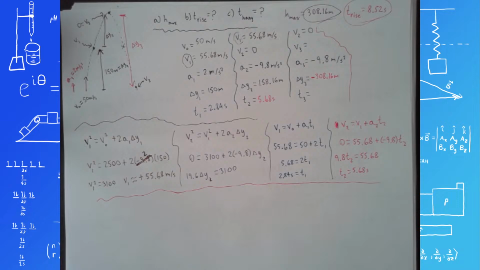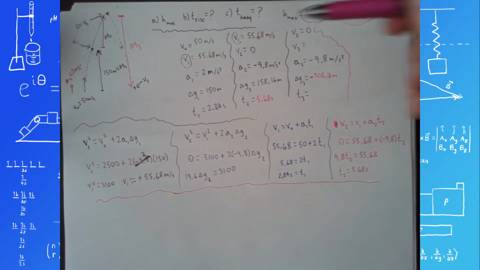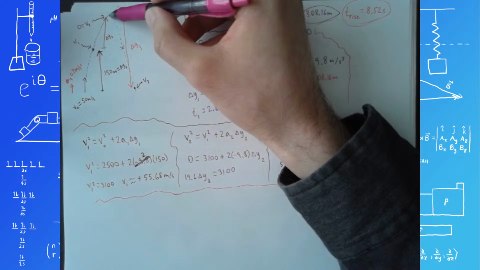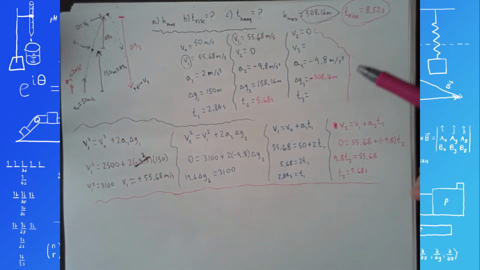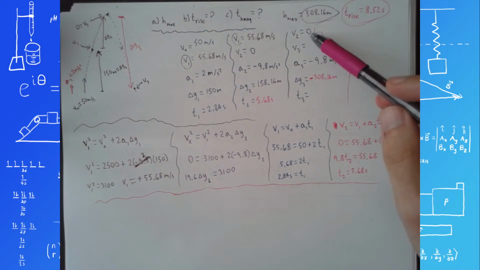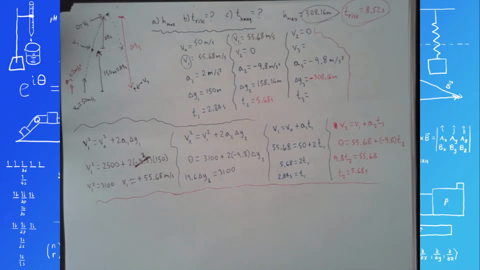Well, not this time, because the second reason that splitting the phases of motion at the top over here is a good idea is because it gives you an initial velocity of 0 for one of your phases. And what that does for us is it simplifies the second equation of kinematics.